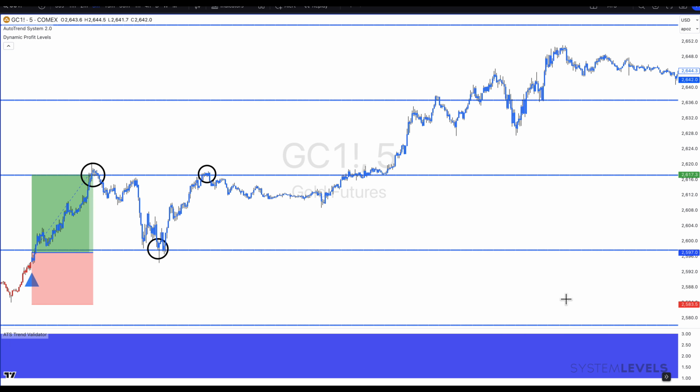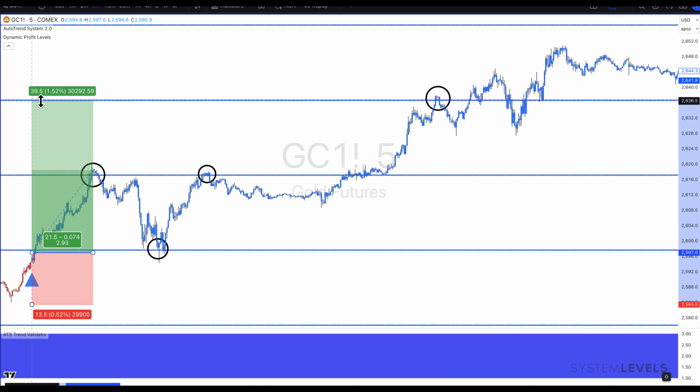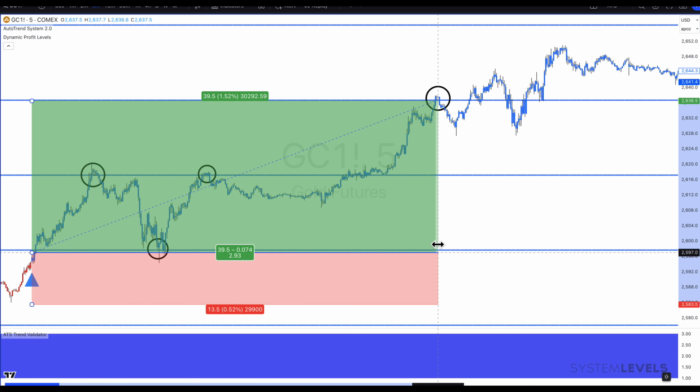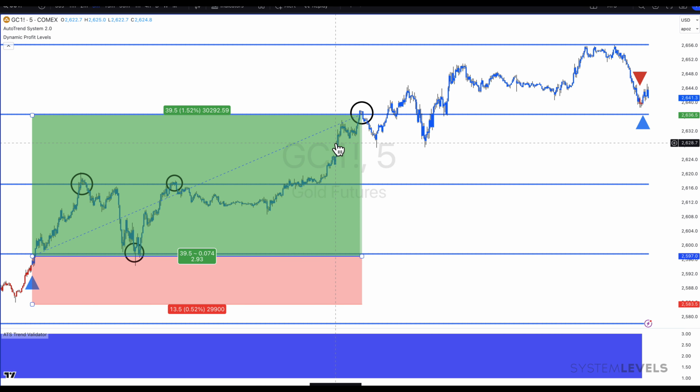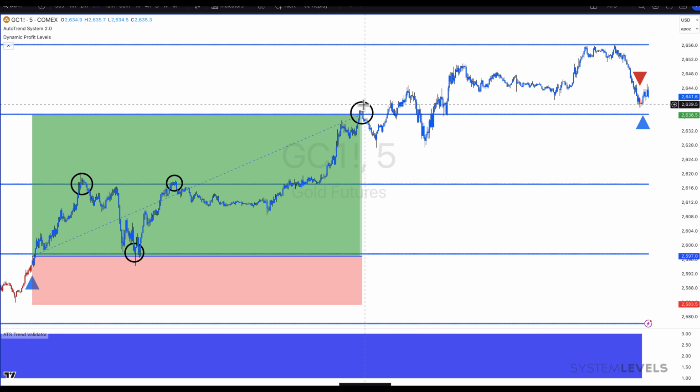We hit the next dynamic profit level here, which of course provided some resistance. At that point, I would have taken my second profit for this trade. So I'm selling another quarter. And at that point, I have 2 quarters left.